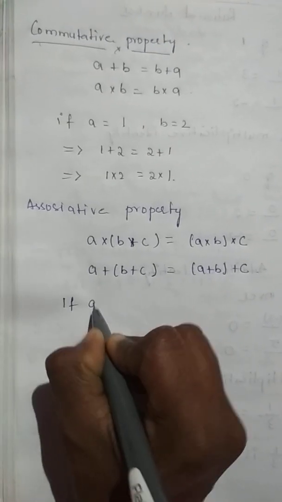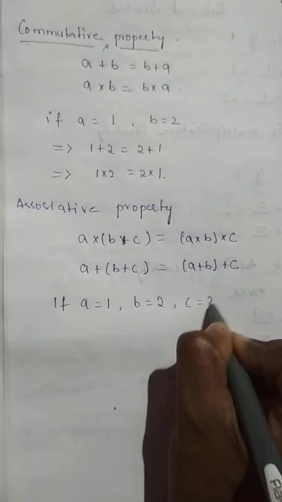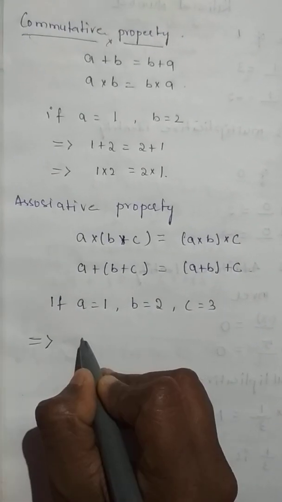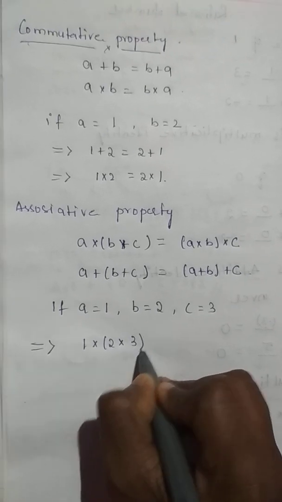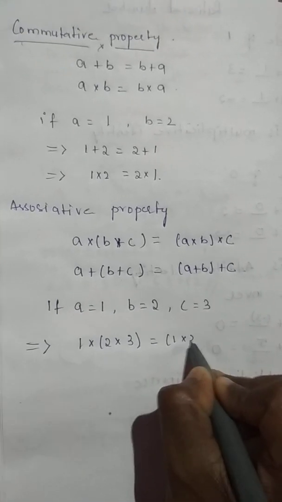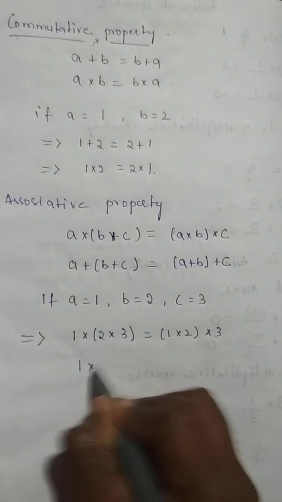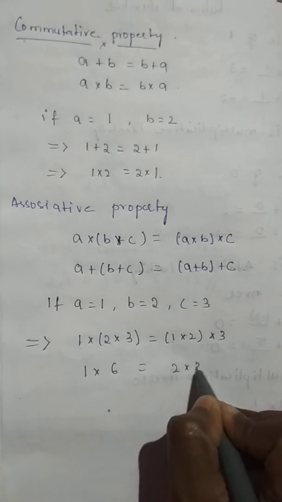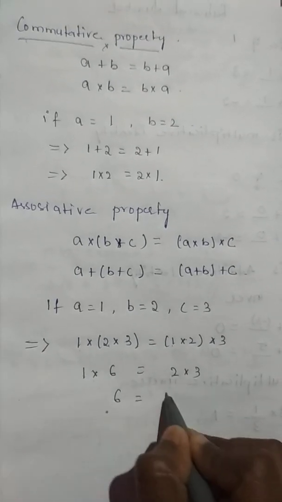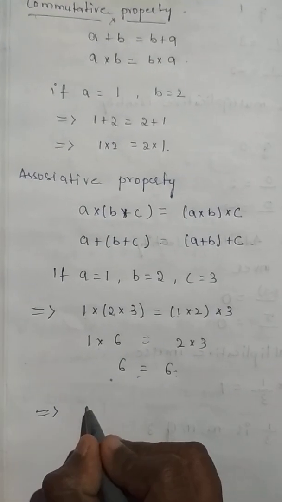If a is equal to 1, b is equal to 2, c is equal to 3, we will see with respect to multiplication. 1 into 2 into 3 is the same as 1 into 2 into 3 grouped differently. 1 into 6 is 6. 2 ones are 2, into 3 is 6. 6 ones are 6. 3 twos are 6. Both are the same? Yes.